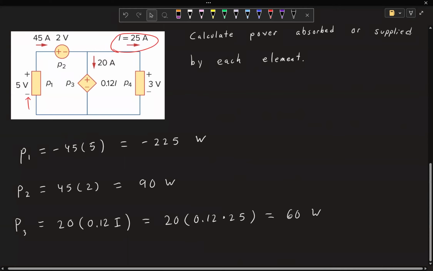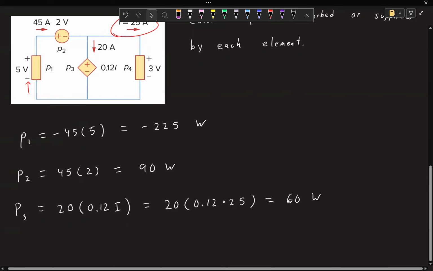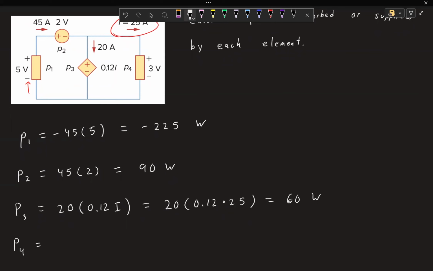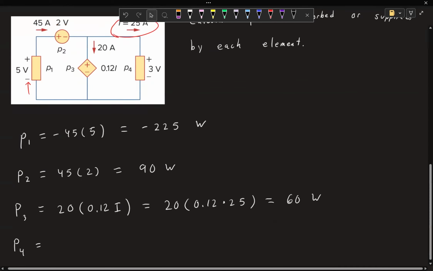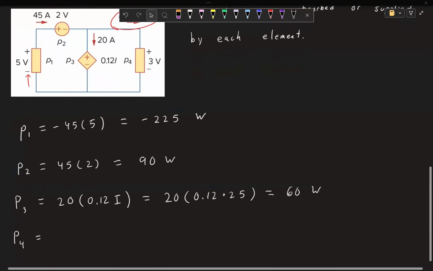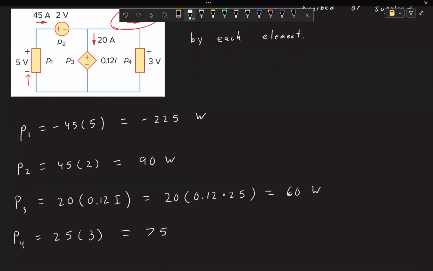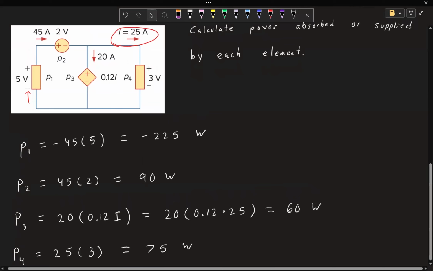And then finally, P4, the current's going through the positive terminal again, and this time it's I, which is 25, so 25 times 3 equals 75 watts.